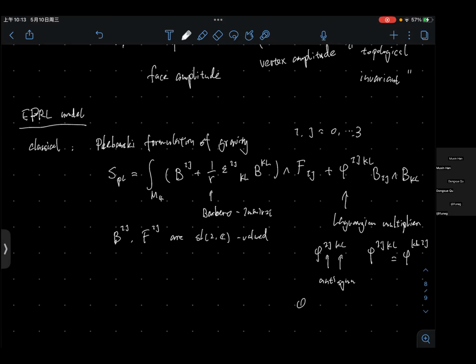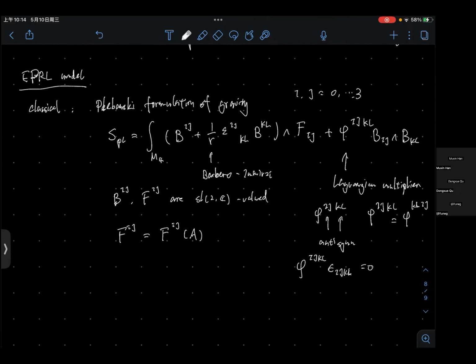It also satisfies a traceless condition: if you contract phi^{IJKL} with epsilon_{IJKL}, you get 0. So these are some symmetry properties of the phi Lagrange multiplier. And as I said, this F^{IJ} equals F^{IJ} of a certain connection, and this connection is of course SL(2,C) Lie algebra valued. F is the curvature.